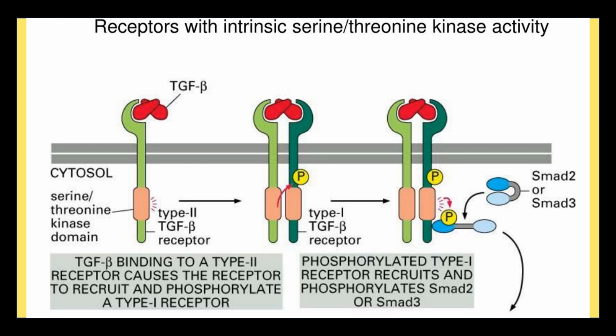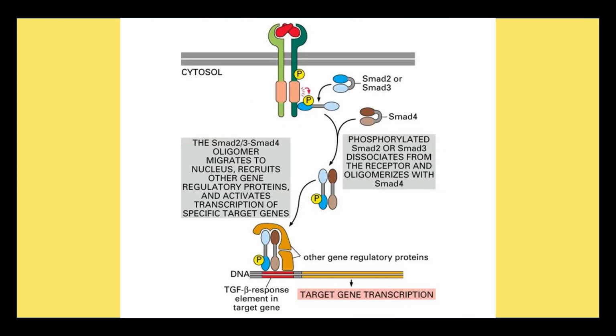Once activated, the receptor complexes use a strategy for rapidly relaying the signal to the nucleus that is very similar to the JAK-STAT strategy. The type 1 receptor directly binds and phosphorylates a latent gene regulatory protein of the SMAD family. The activation of SMADs causes their translocation from the cytoplasm to the nucleus where they function to control gene expression.